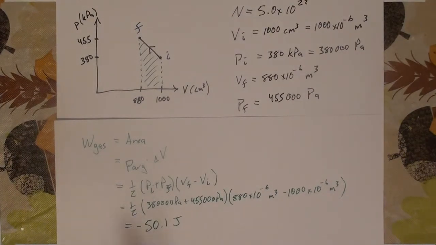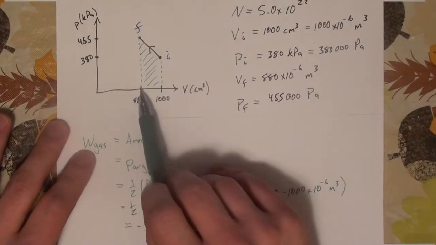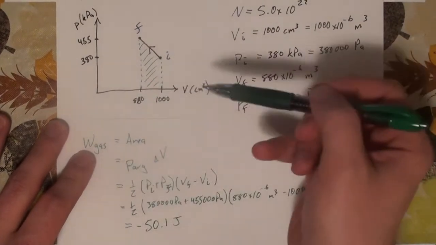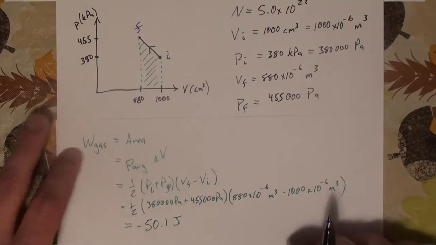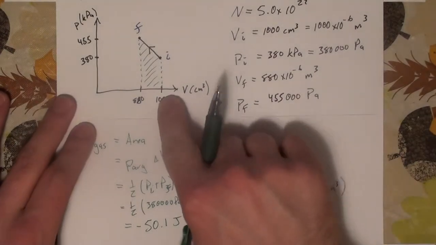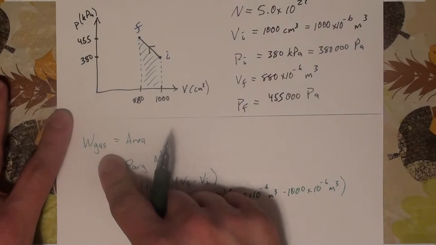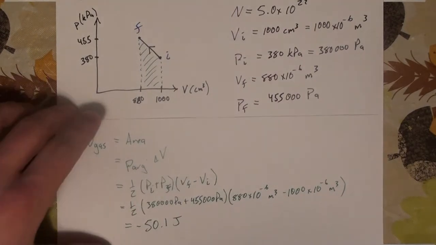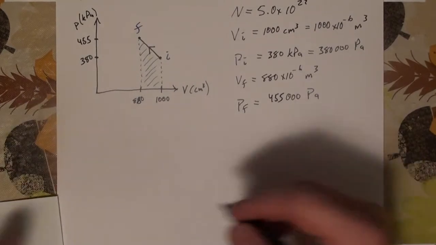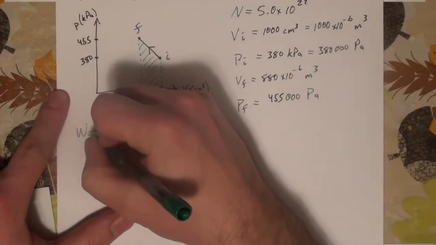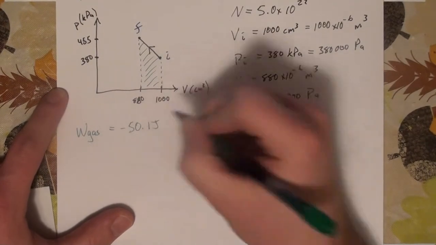The other way to think about it is, if you're familiar with calculus and integrals, if you integrate to the left, you're going to get a negative area. But I like the idea that if the gas is being compressed, the work done by it is negative, because it's not actually doing work, something's doing work on it. So the work done by the gas is minus 50.1 joules, so we will write that here. W gas equals minus 50.1 joules.